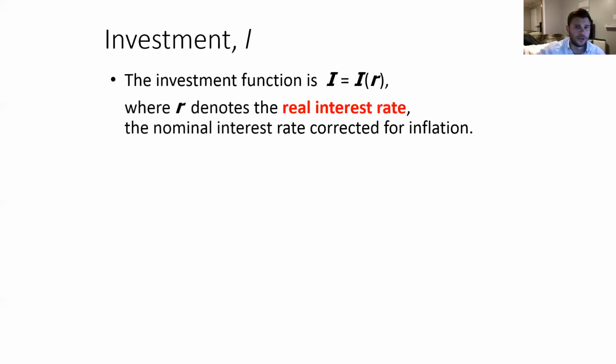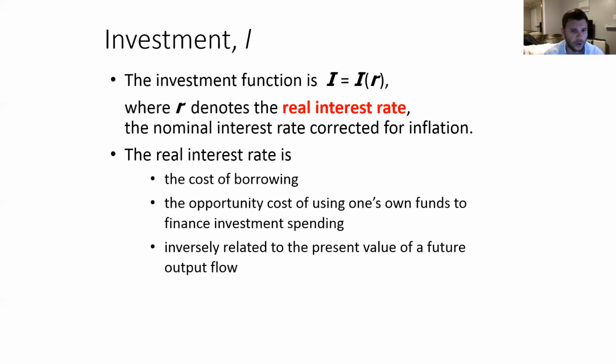R in our treatment here denoted the real interest rate, which was essentially the nominal interest rate but corrected for inflation. And the real interest rate captured a few things. This was the cost of borrowing. It also reflected the opportunity cost of using one's own funds or output to finance investment spending. And we also argued this was inversely related to the present value of any future benefits that would be received from running a business entity.